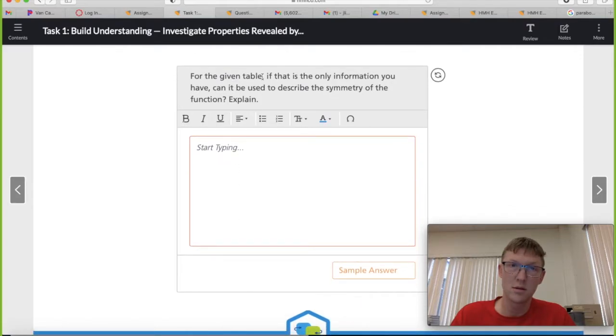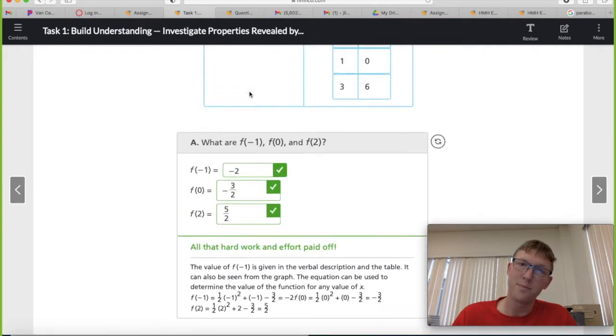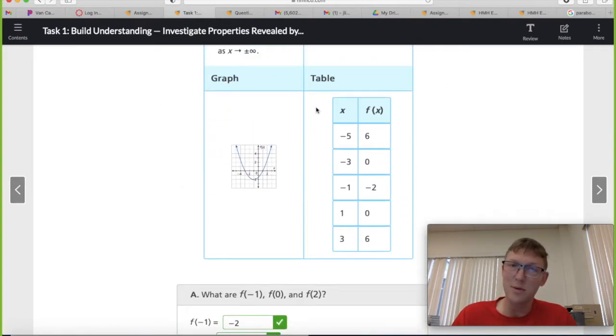And for the given table, if that is the only information that you have, can it be used to describe the symmetry of the function? It can come close, but if you're looking at that table, it's hard to see. But you can kind of see a pattern here.